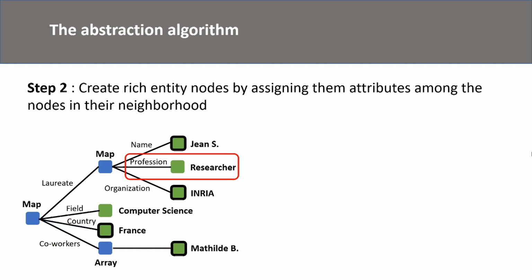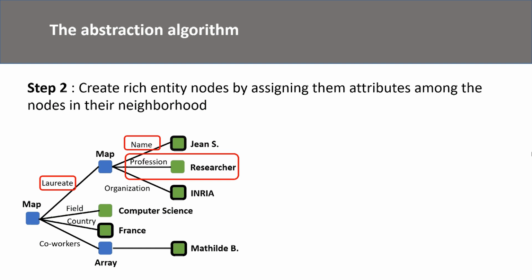So to decide which entity this attribute profession equals to researcher belongs to, we ask ourselves, what are we talking about here? Using the labels of the edges in the graph, here in particular laureate and name, we are able to detect that the map is about the laureate named Jean S. One of our goals is to make structural nodes disappear.